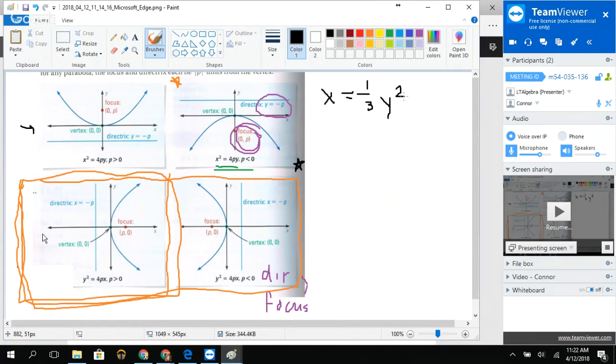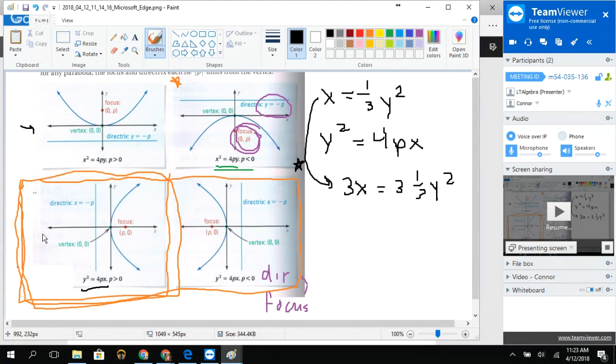Here's my equation: y squared equals 4px. So I need to force this equation to look like the second equation, and I'm going to do that by multiplying both sides by 3. So 3x equals 3 times 1/3 times y squared, or y squared equals 3x.